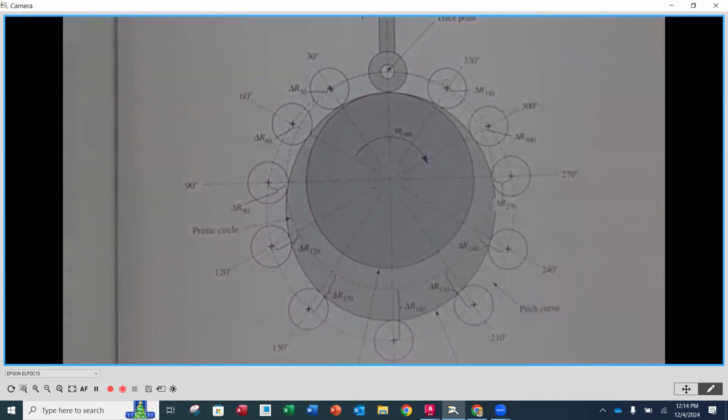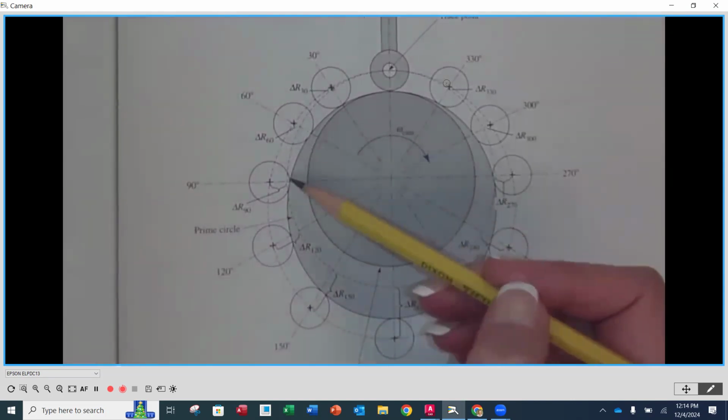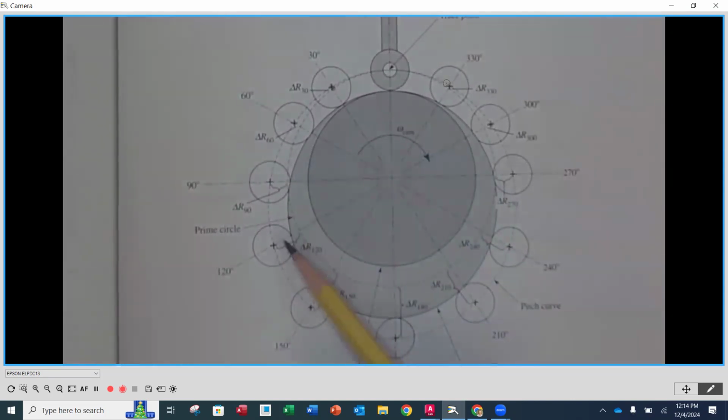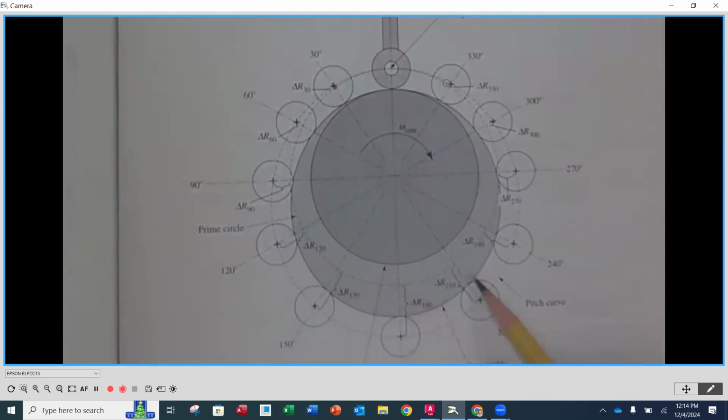And the more points you have, the more accurate that profile would be. But for practice's sake and getting enough of the process, we're going to do it every 30 degrees.